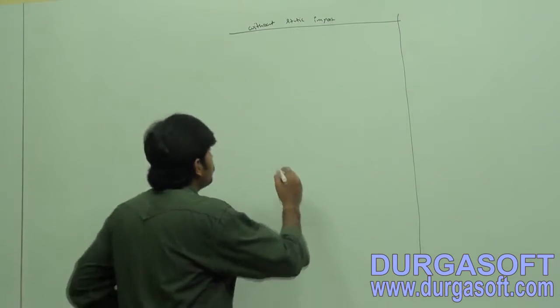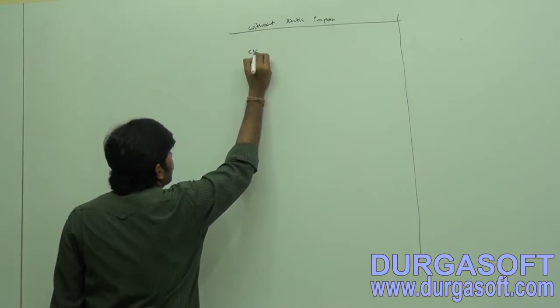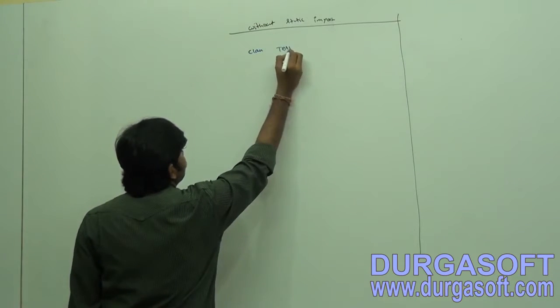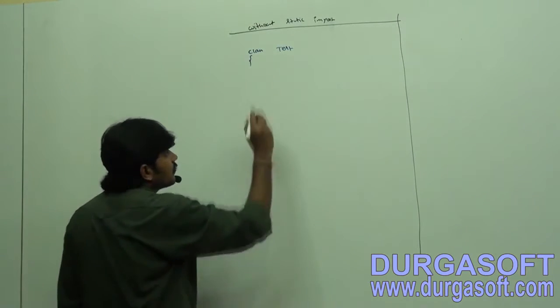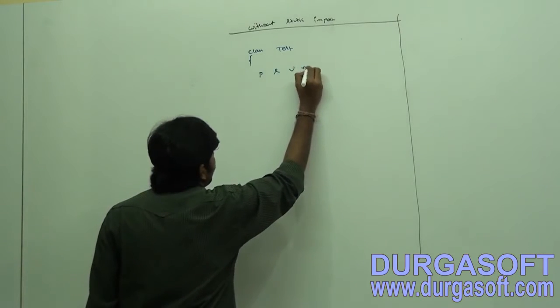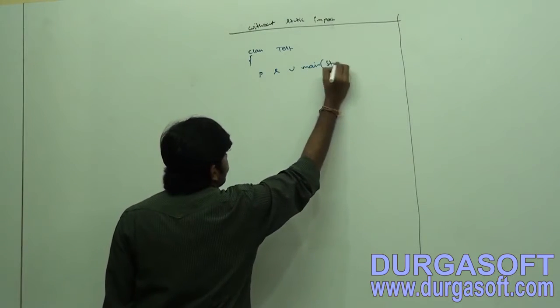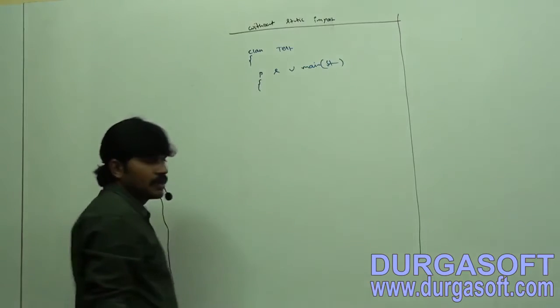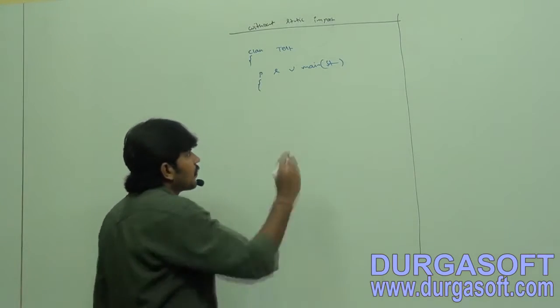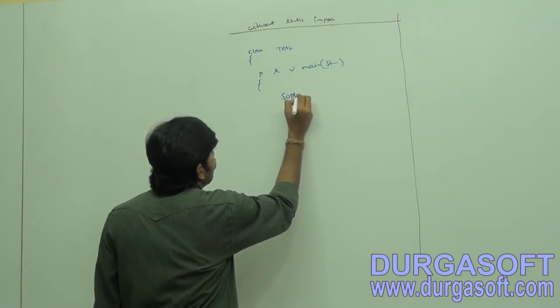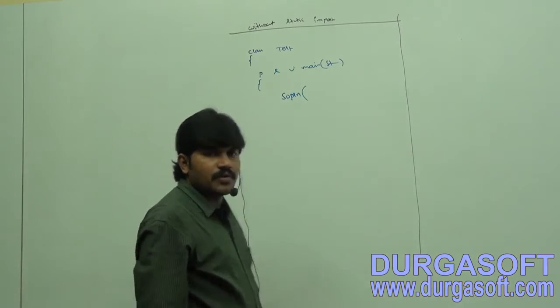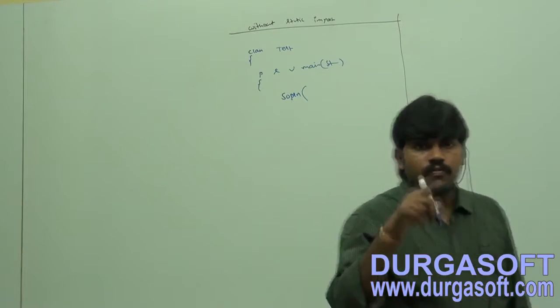Now observe this one. Sir, I am taking class Test, public static void main, String array args. System.out.println. Sir, I want to find the square root of 4.